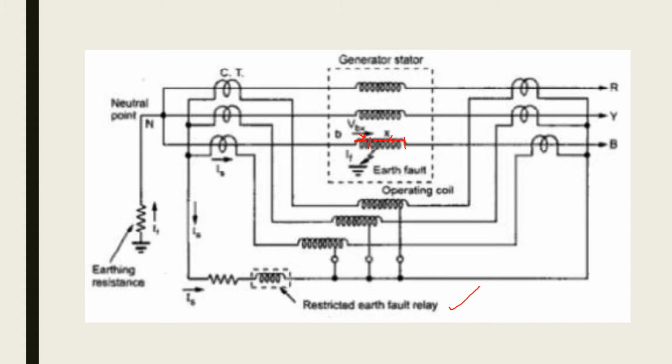So we need to understand that only a small portion of the windings remains unprotected, and as said, it is a general practice that 85% of the windings get protected, and therefore we need to take care of the value of earth resistance taken.